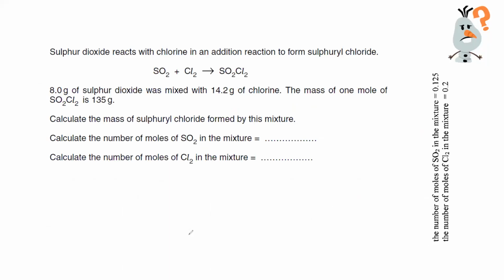That will be mass in gram of sulfur dioxide divided by its molar mass. So mass in gram of sulfur dioxide is 8, and the molar mass we worked out by a periodic table, that is 64. So 8 divided by 64, that is 0.125.